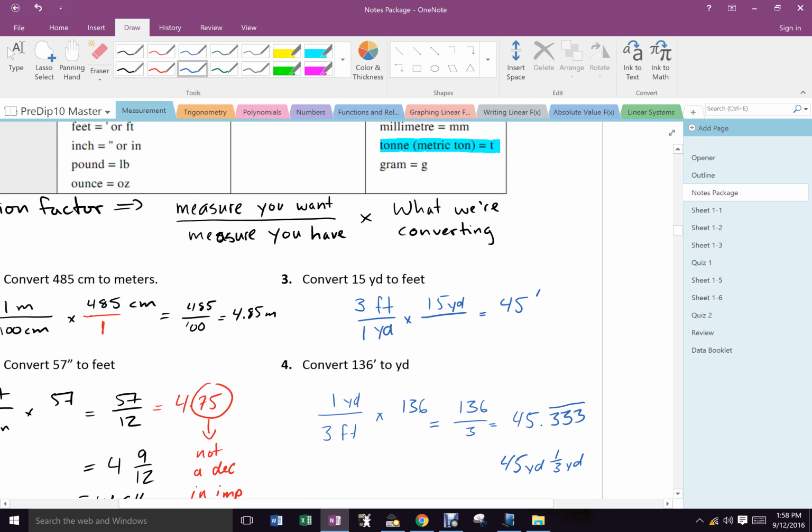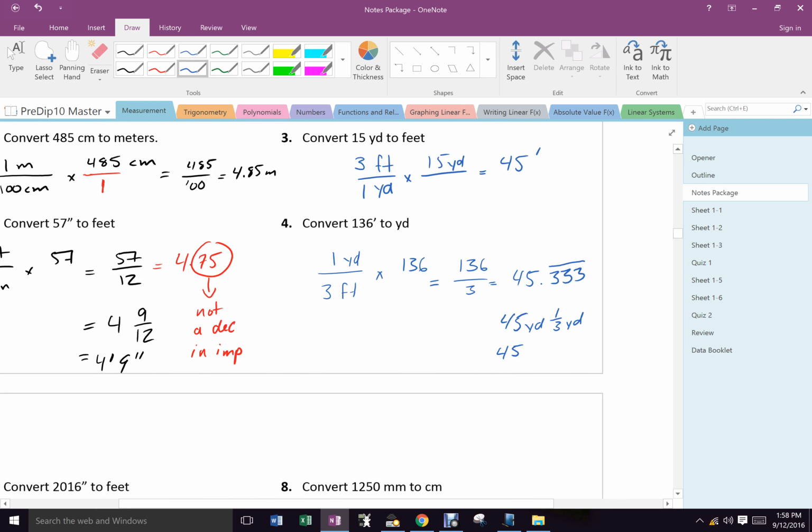What's 1/3 of a yard? 1 foot. So it becomes 45 yards, 1 foot. Is everybody cool with that? You got to remember your remainders. Is everybody good? I can probably shut up now, can't I?